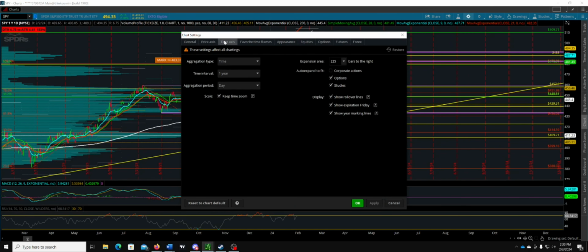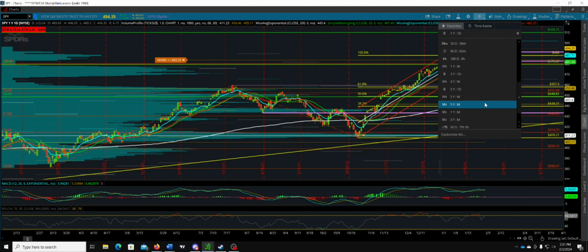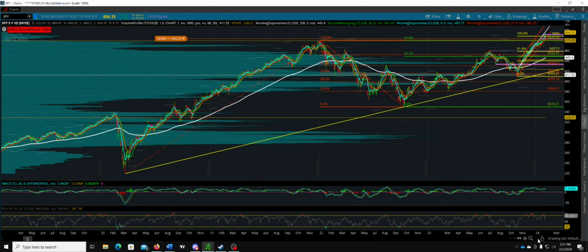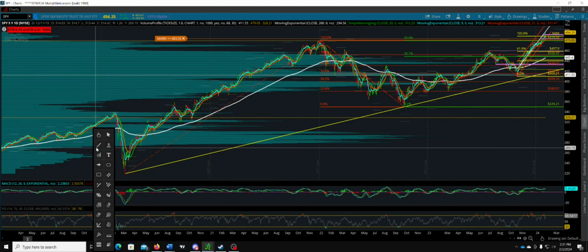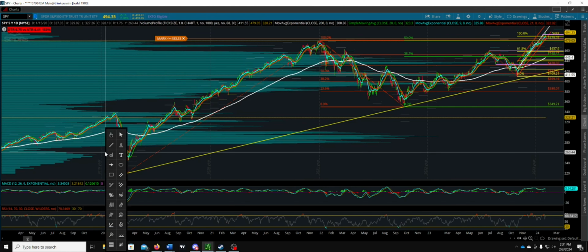Let me fix this. All right, so the yellow Fibonacci extension is on the daily. The green Fibonacci extension, well, since I'm at it, I'm going to show you, is since the COVID lows, right down there. Let me mark that for you.